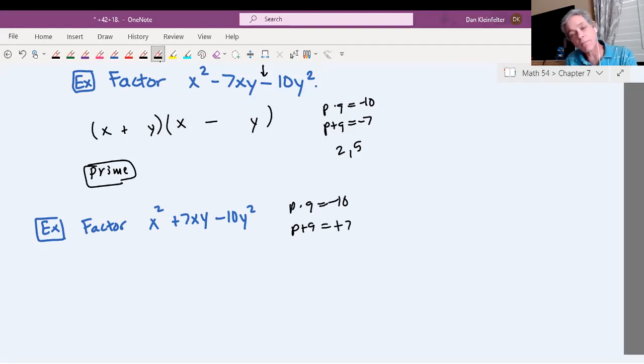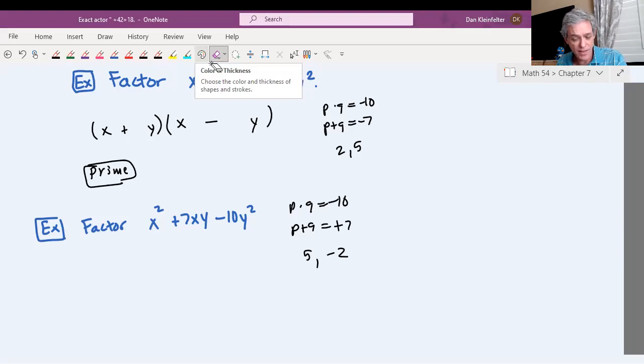So we're kind of in the same situation as we were in the previous example. So if we need the numbers to be different in sign, then let's make them like 5 and negative 2. Okay, just to make up another example. So if we had positive 5 and negative 2, that would have been a 3xy. Okay, that's one that can factor.